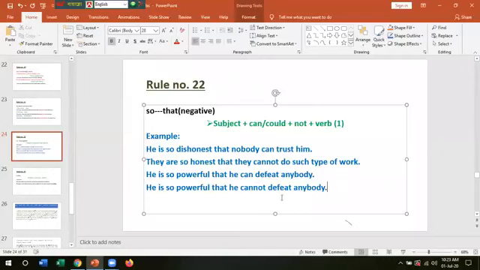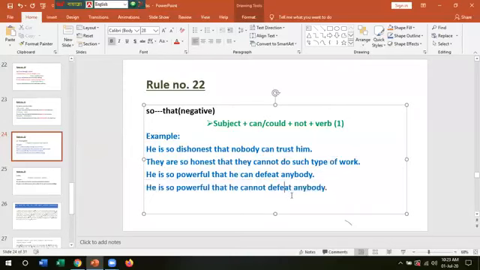That he is very powerful and that is why he cannot defeat anybody. So the meaning has totally changed. So this rule is applicable only when so ... that has a negative meaning. It is not applicable for affirmative. If the meaning is in affirmative sense, then this rule will not be applicable.